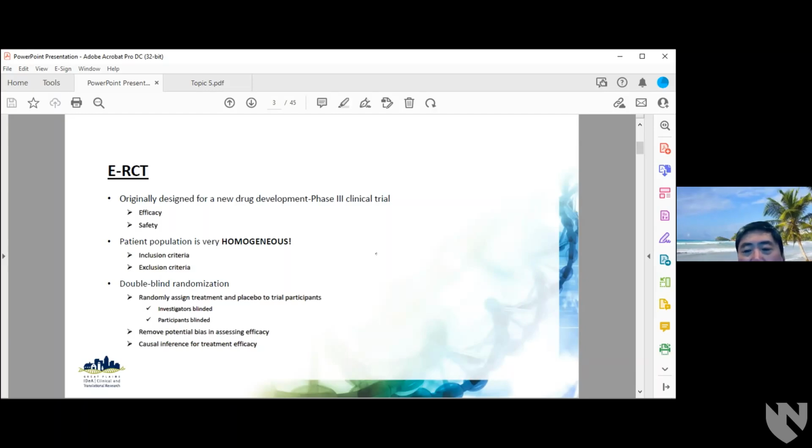Phase 1 is mostly an animal trial, basically to demonstrate the safety of the intervention or the treatment, mainly when we talk about drugs. Before you want to use a drug, you want to demonstrate first whether it's safe, right, on animals to start with.